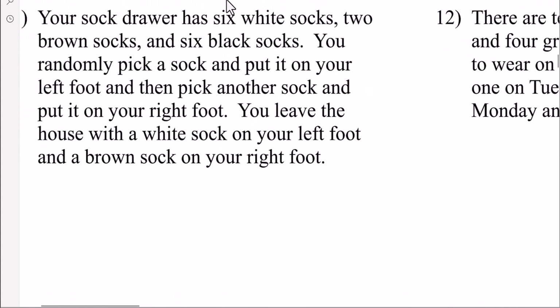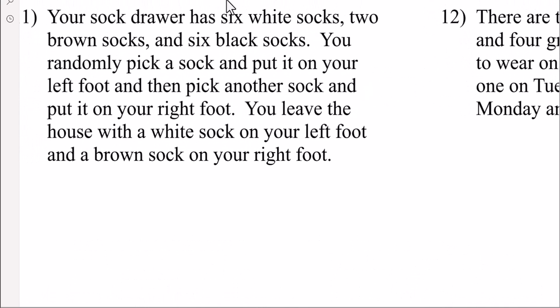So here's an example. Your sock drawer has 6 white socks, 2 brown socks, and 6 black socks. You randomly pick a sock and put it on your left foot.